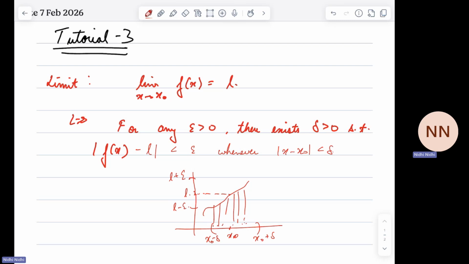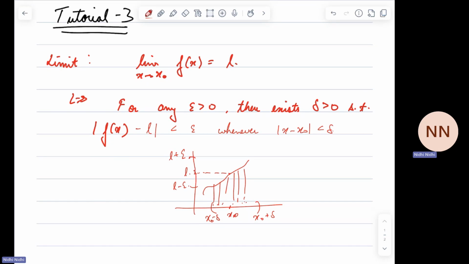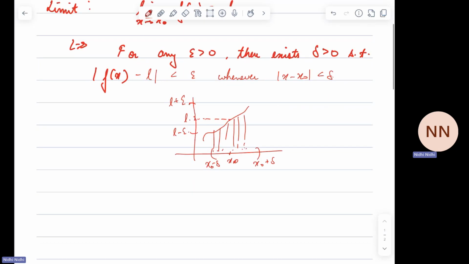So this is the basic definition for limit. Also, we have a sequential criteria. Using that we can also see what is the limit of the function.